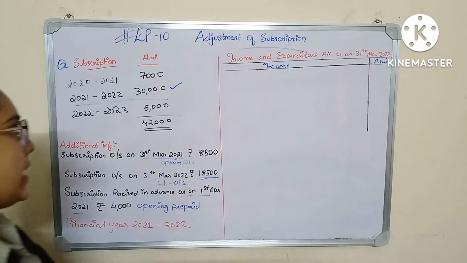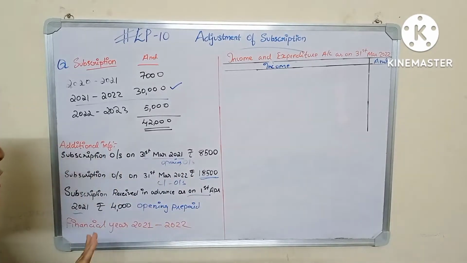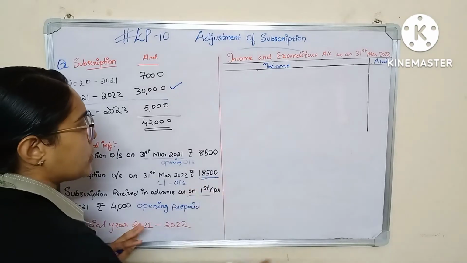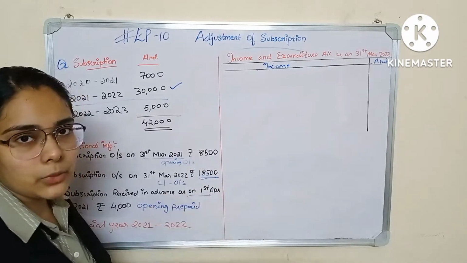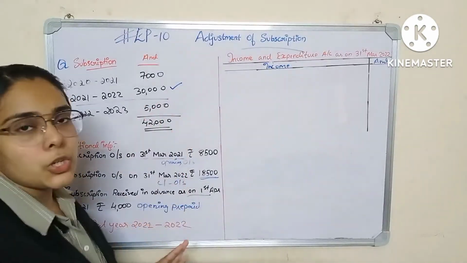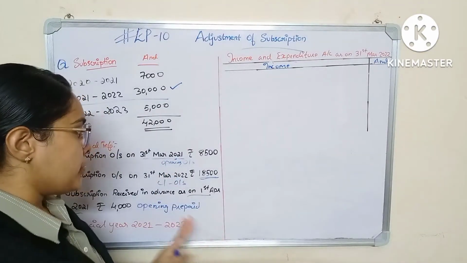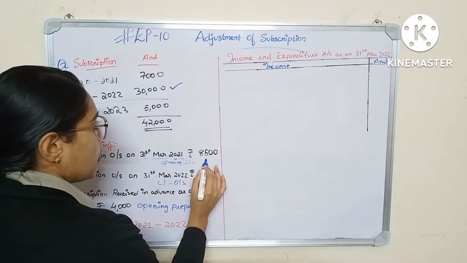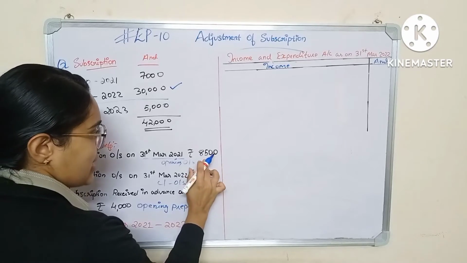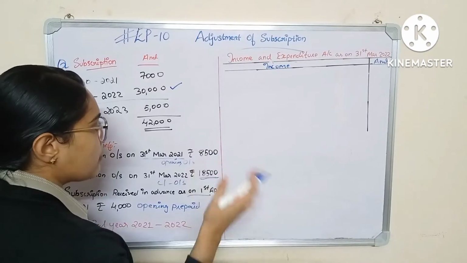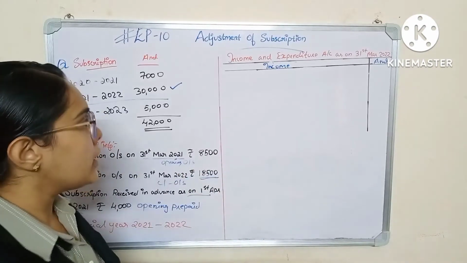Now you're going to calculate. First of all, you are given the closing balance. You know that closing outstanding should be added to the amount received, but listen carefully here. This is the closing outstanding, and you have an opening outstanding also, that is 8,500, which was due in the previous year.